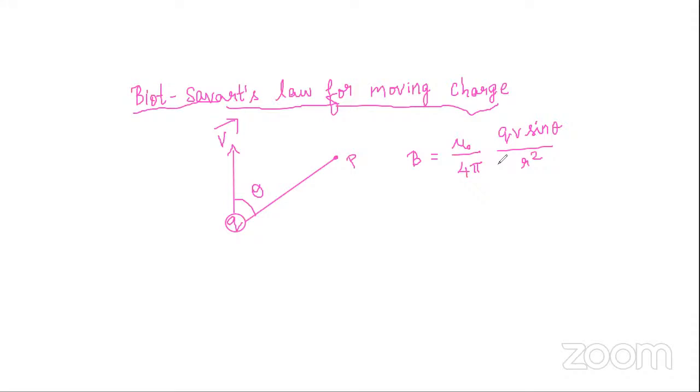So this is the expression for the magnetic field due to a moving charge, when it is moving with velocity v. In terms of velocity, you can write like this.